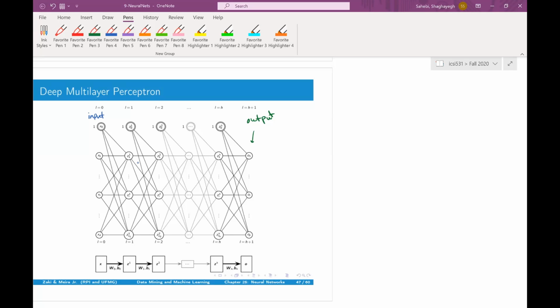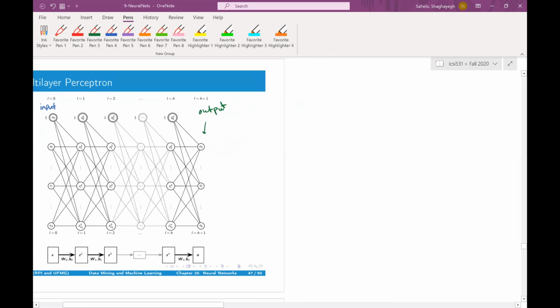So to summarize this kind of network, again, like blocks, we have an input layer X, and then we have some hidden layers in between, let's say Z1, Z2 until ZH, if we have H different hidden layers.